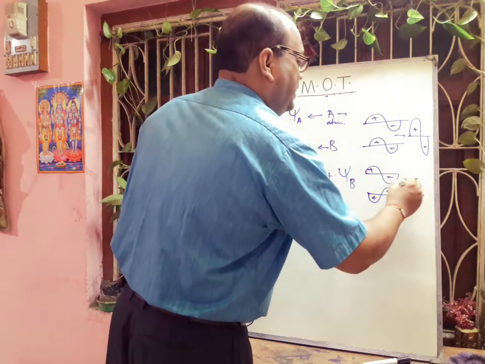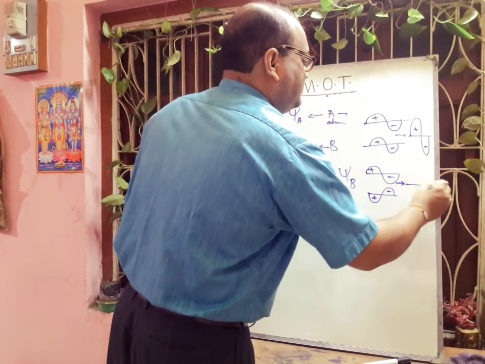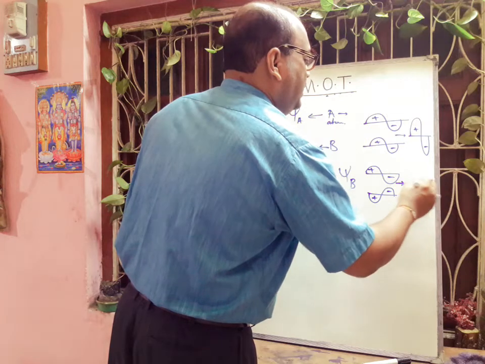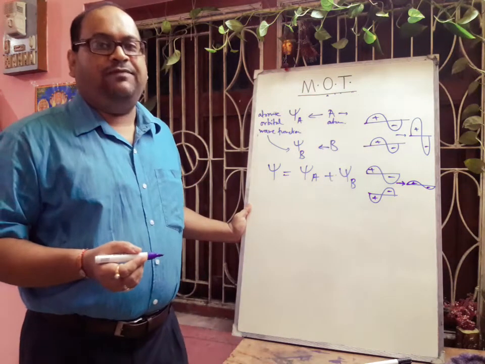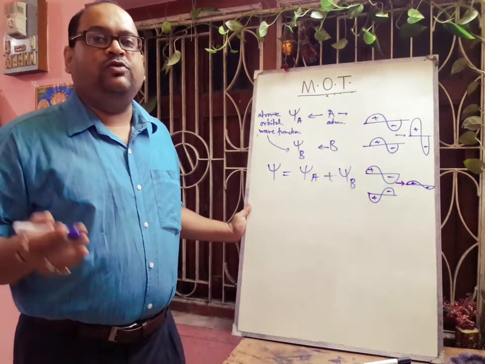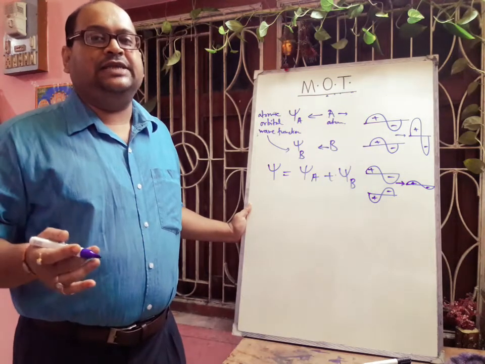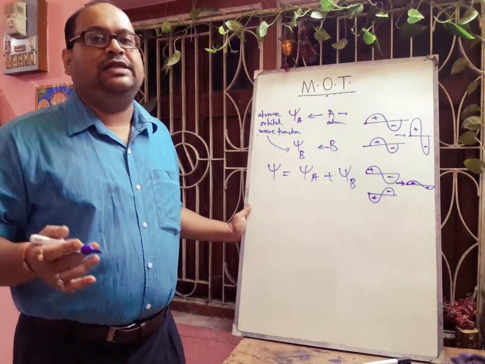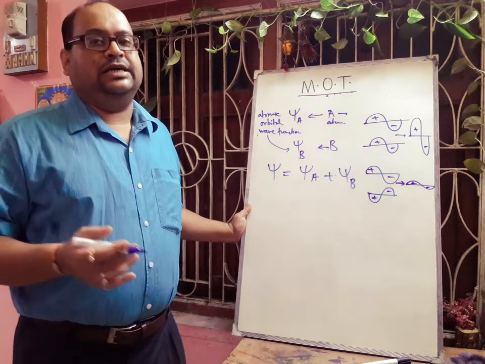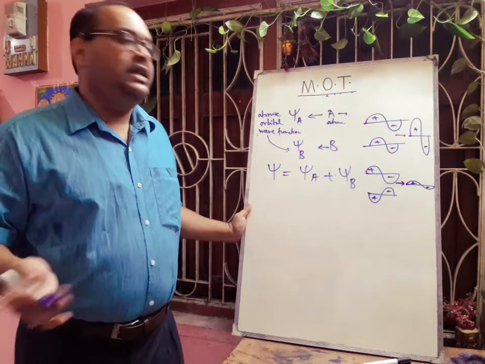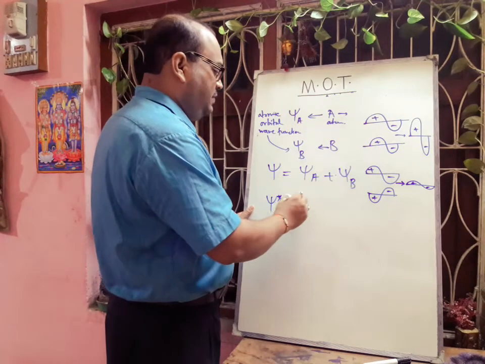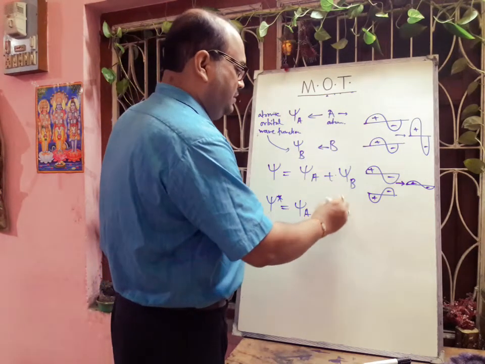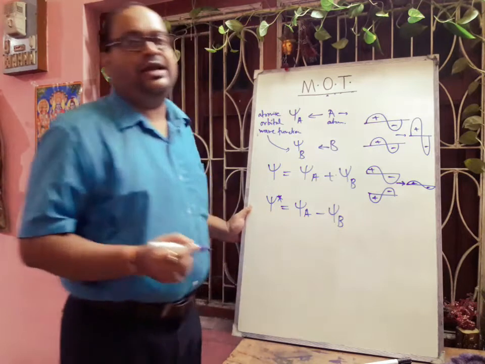Then definitely there will be subtraction, or the amplitude will decrease. So this is out of phase. So case 2, when two waves are out of phase, the two waves try to cancel out the effect of each other. Then the amplitude of the new wave, psi star, will be psi A minus psi B. Hope you can understand.